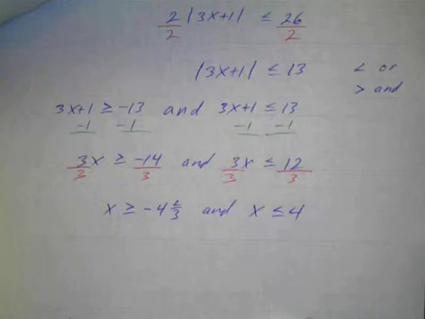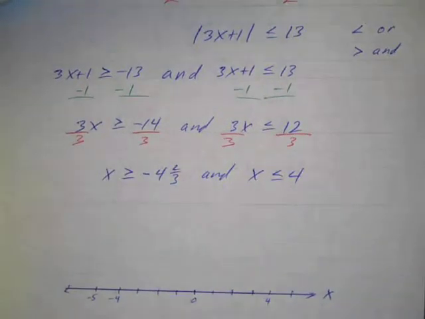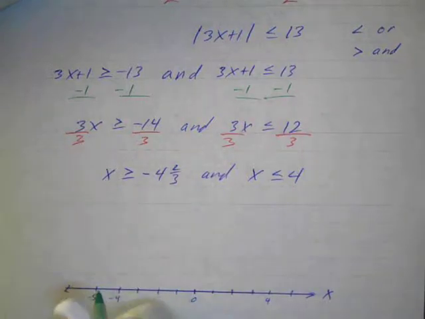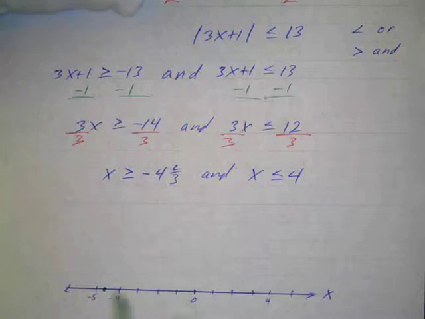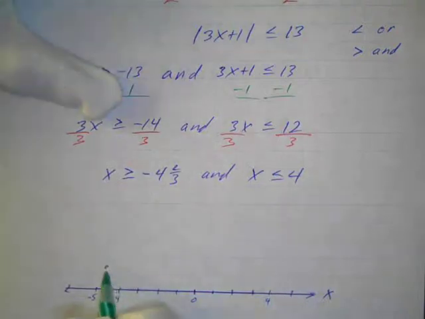Or you could graph it two ways, and it's an and, so you have to see both. If I find negative 4 2/3 right over here, let me put a dot over here. This says x is greater than or equal to negative 4 2/3, so I draw a line like this.